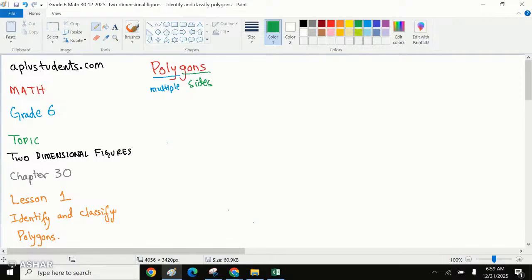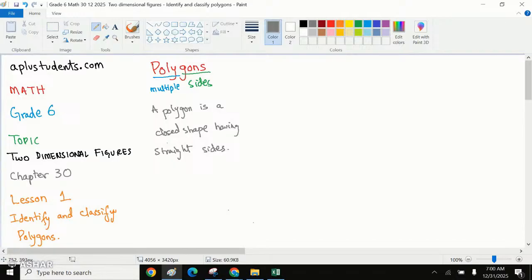So another way to identify a polygon is that a polygon is a closed shape having straight sides. The sides of the polygon have to be straight lines.